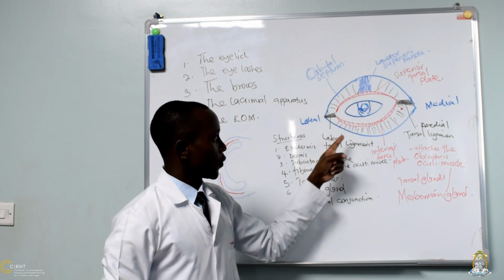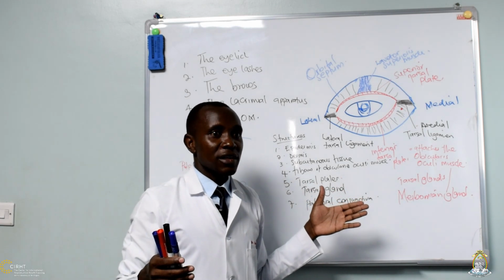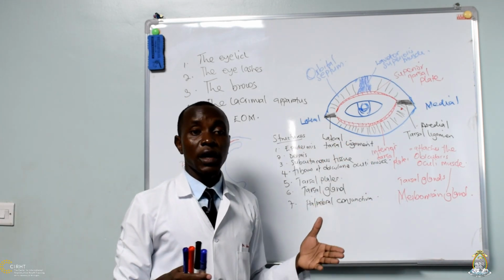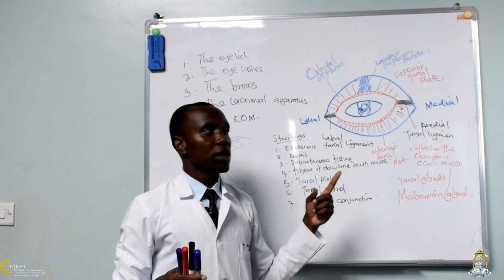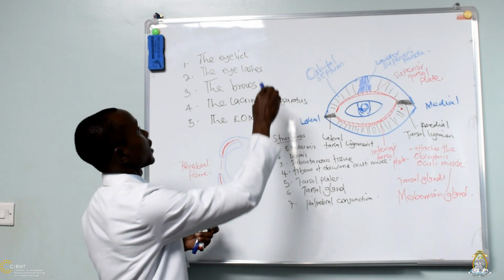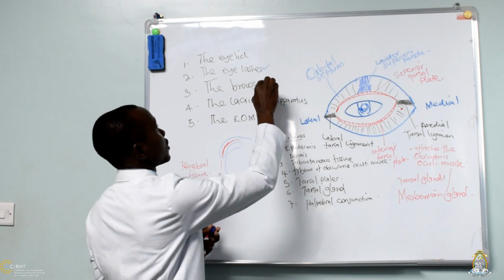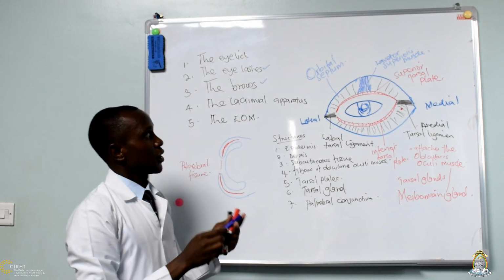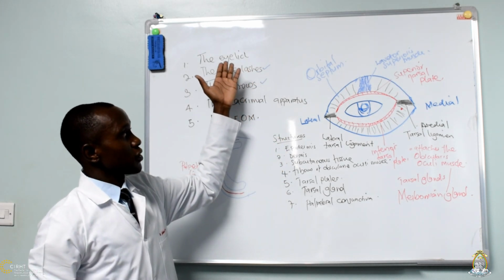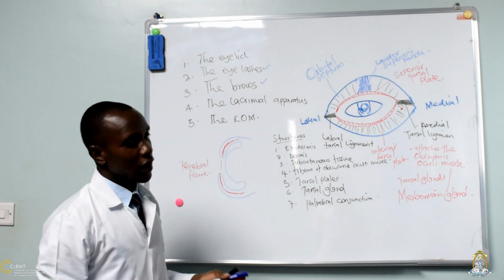Now, what nature has done for us is that the eye is devoid of hairs except the eyelashes and the eyebrows. So that takes us to the eyelashes and the eyebrows, which are the other structures that make up the extraocular structures of the eye.